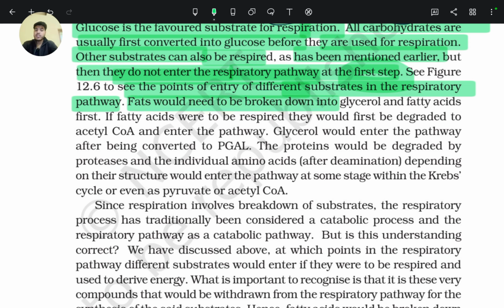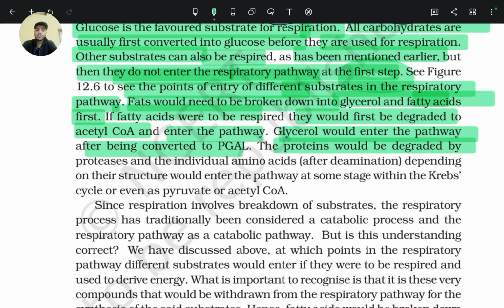Fats would need to be broken down into glycerol and fatty acid first. If fatty acid were to be respired, it would first be degraded to acetyl coenzyme A and enter the pathway. Glycerol would enter the pathway after being converted to phosphoglyceraldehyde.